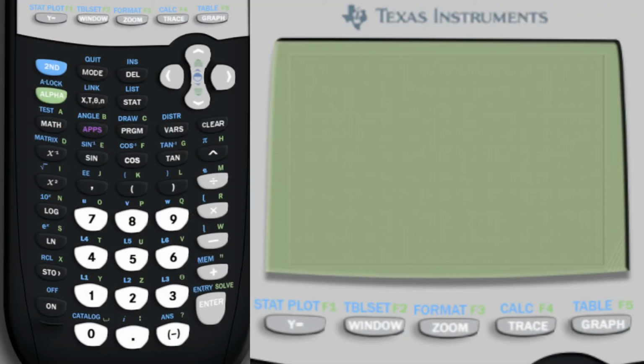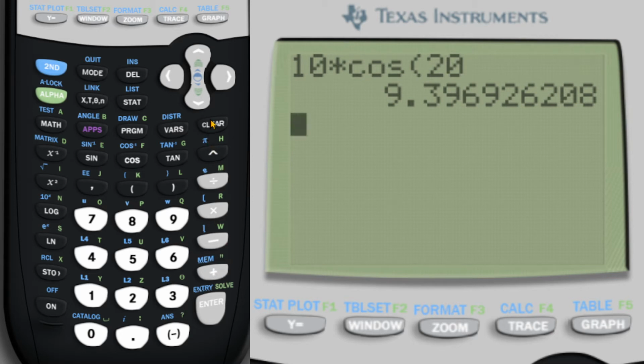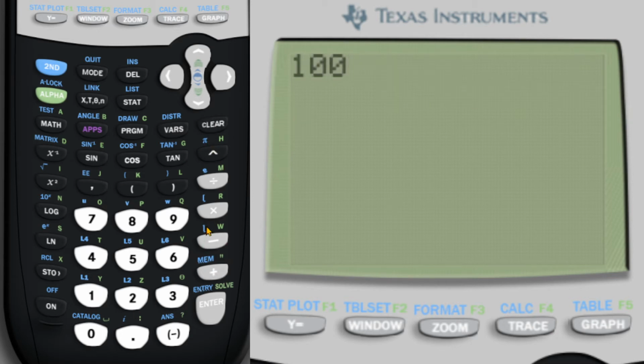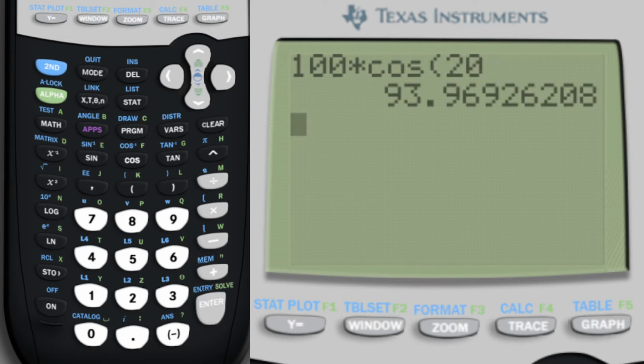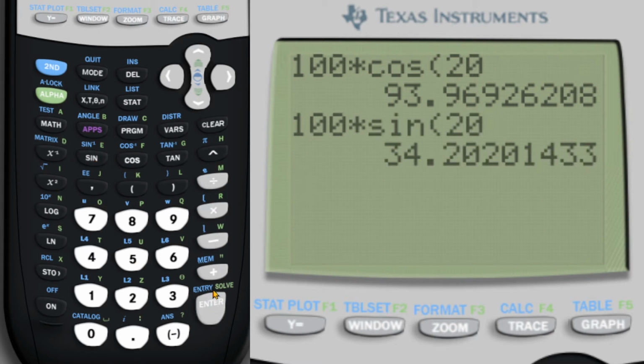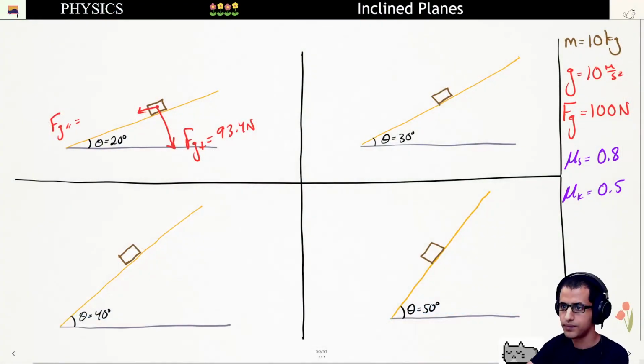I can use my calculator. 100 newtons times cosine of 20 will be 93.4 newtons. And the parallel component will be 100 times sine of the angle, 100 times sine 20. And that will be 34.2 newtons.